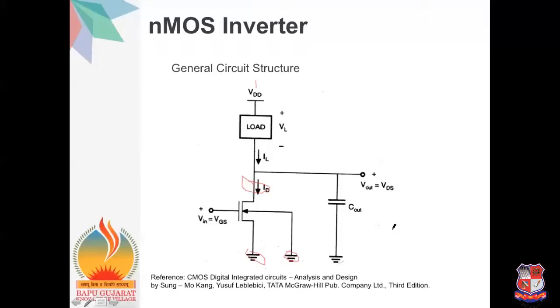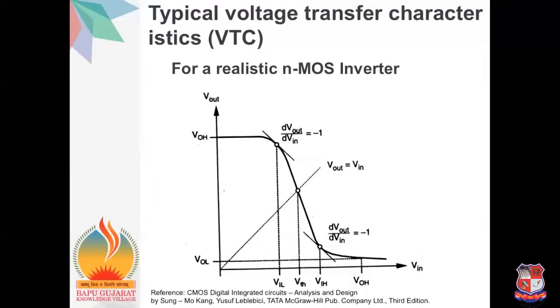Now let's see the voltage transfer characteristics of these nMOS inverters. Here we have the gate, source, drain, and substrate terminals. So now let's see the typical voltage transfer characteristics of this nMOS inverter. Here, by applying KCL, Kirchhoff's current law, to this simple circuit, we see that the load current is always equal to the nMOS drain current.